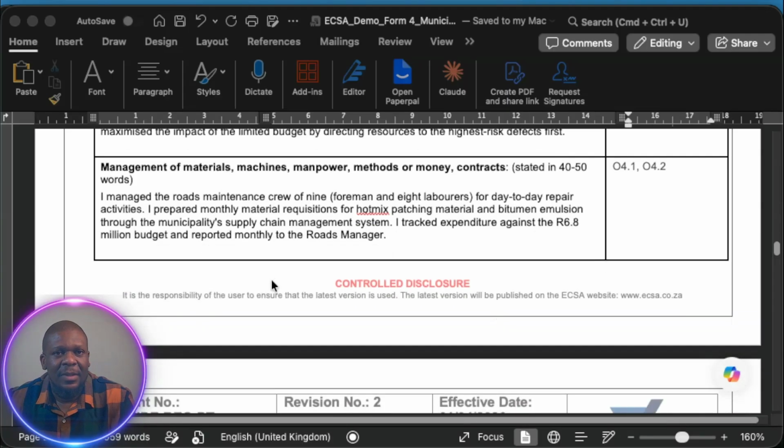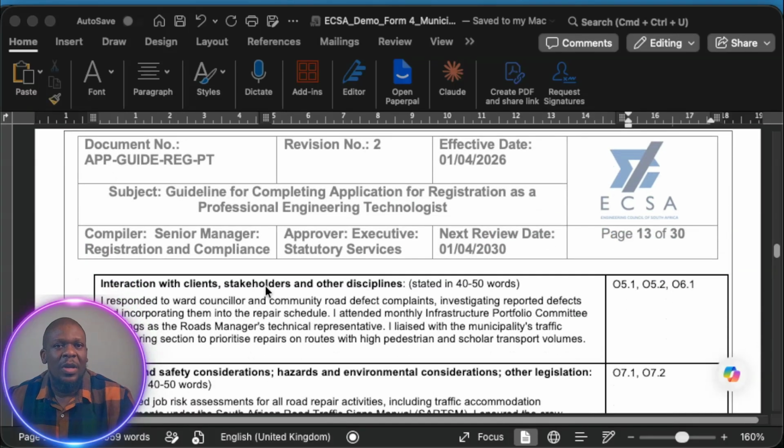All right. Now, the next thing that we need to look at is interaction with clients, stakeholders, and other disciplines. I responded to the ward councillor and community in terms of the road defects complaint. So you are interacting with the councillors and with the community.